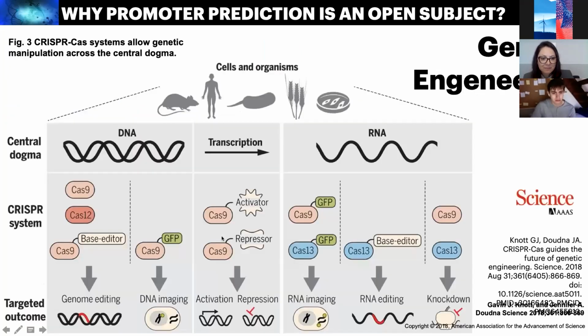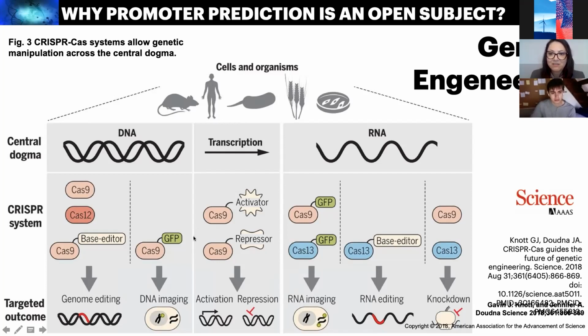Please, Gustavo. And the last one, we need to take into account genetic engineering, because we have good techniques, but we need to remember that the gene will only be expressed if the promoter is recognized as a promoter. If the promoter is not recognized as a promoter, there is no gene expression.